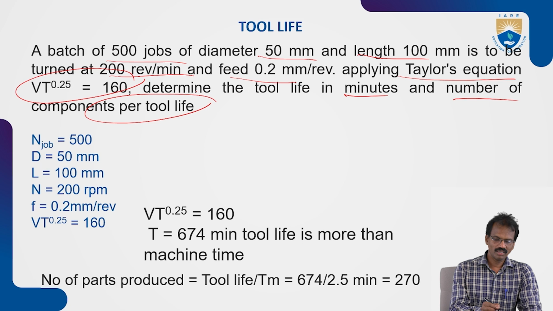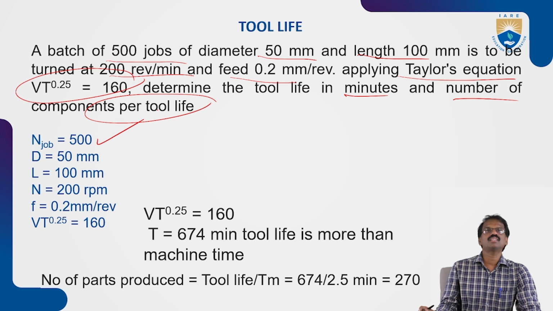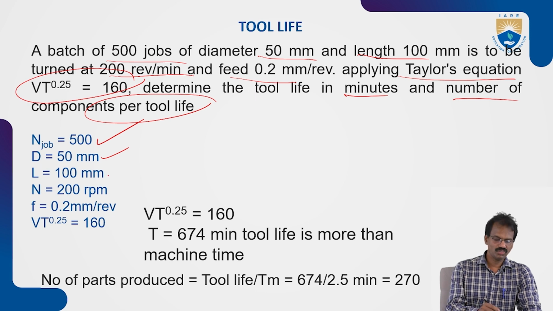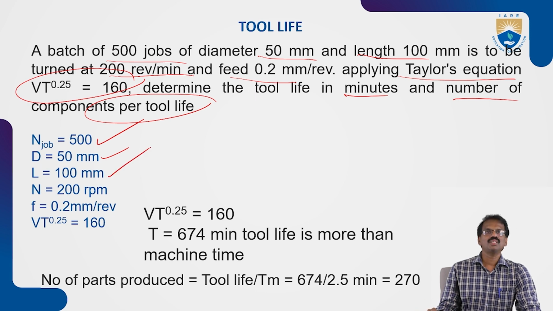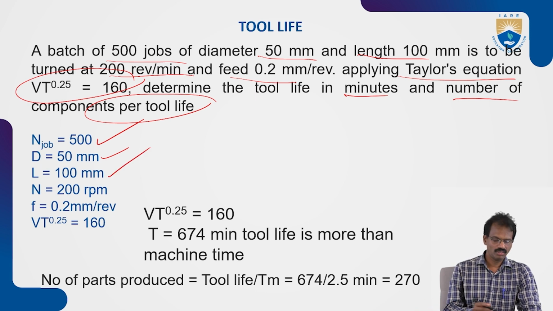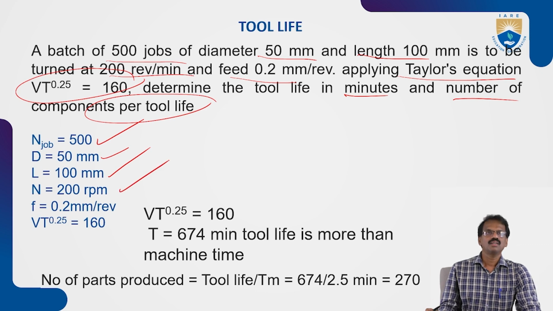So here the given parameters are: number of jobs n is equal to 500, diameter of the workpiece is 50 mm, and the length is 100 mm. Speed is 200 rpm, and feed is also given, 0.2 mm per revolution.